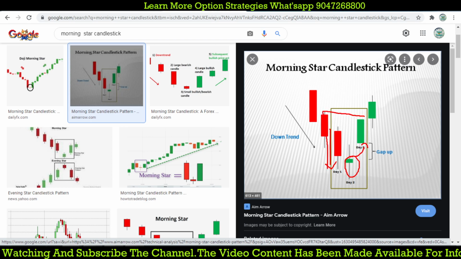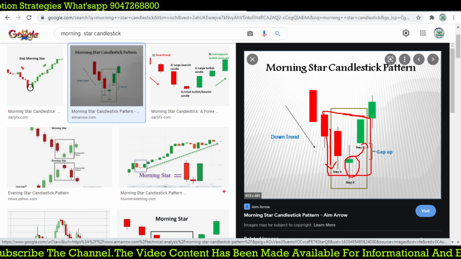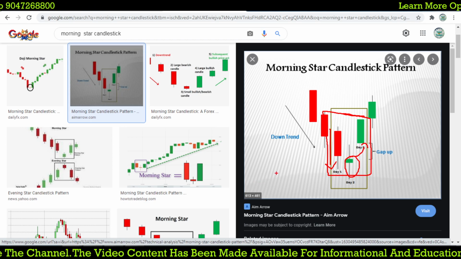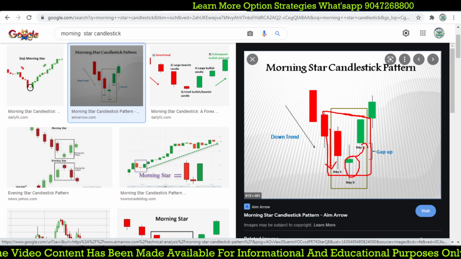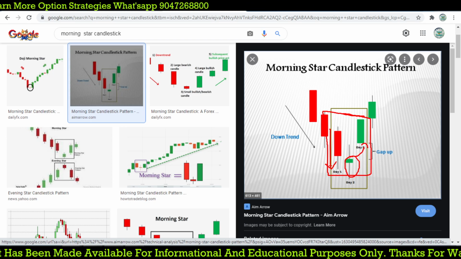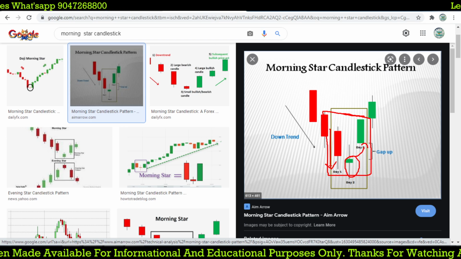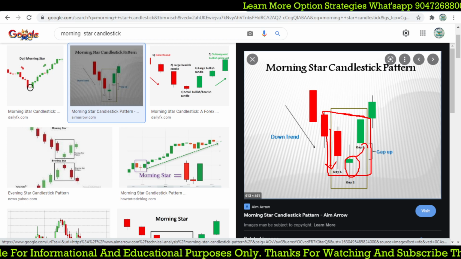This formation tells us there is a morning star candlestick pattern, which gives great information that the market is going to reverse at the lowest point, a bullish opportunity at the very lowest level.